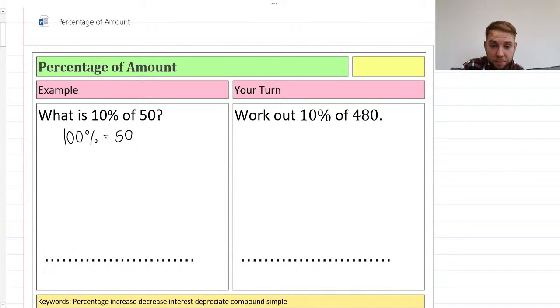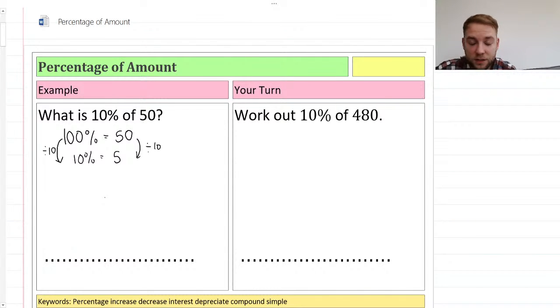Then if I want 10%, to get from 100% to 10%, I need to divide by 10. So 10%, this is example 1, is equal to 5. You might have just divided by 10, but I want you to get into the habit of understanding what our values represent. That's really important for this. Have a little go at that one on the right-hand side.